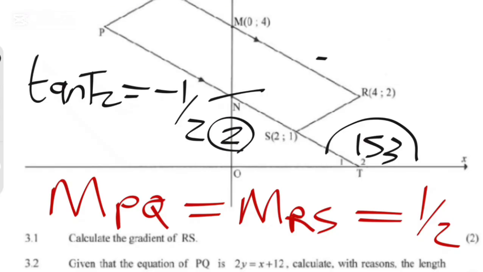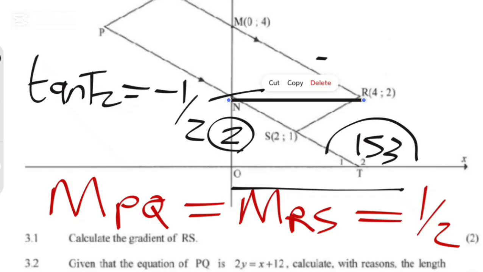And then we have the distance here. You can find the distance here, and you can use R and S. This is like this. Where is S? Yeah, this is what they are looking for.